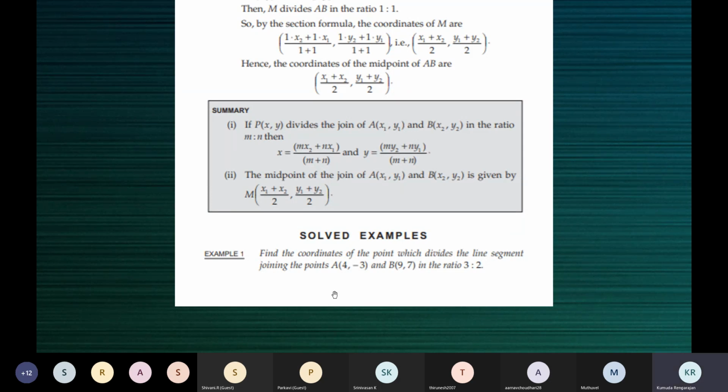So we have these 2 points in the Cartesian plane. When you join these 2 points, you get the line segment AB. Now you should find the coordinates of the point which divides the line segment AB in this ratio 3:2.